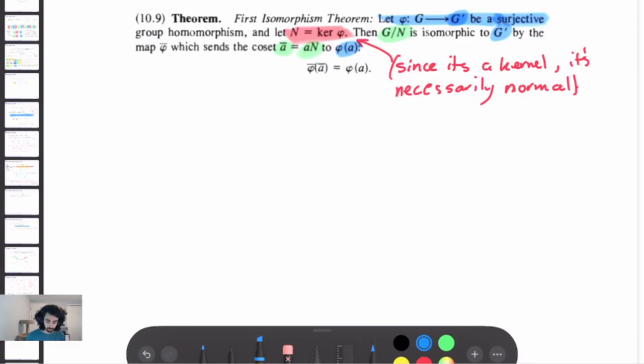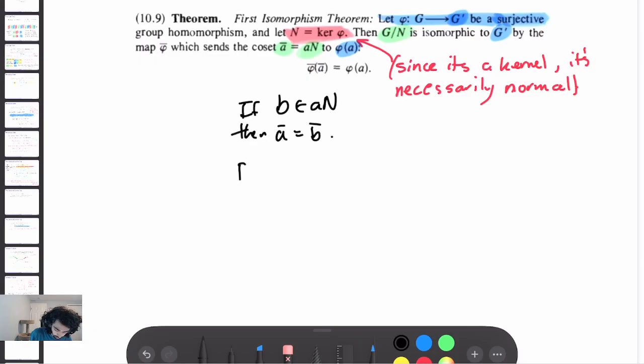If B happens to be in the same coset as A, that means that A N is equal to B N. But why is phi of A equal to phi of B? And I think that I haven't really quite posed the question correctly yet.